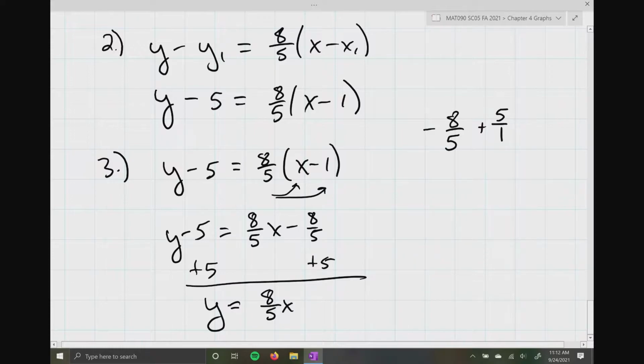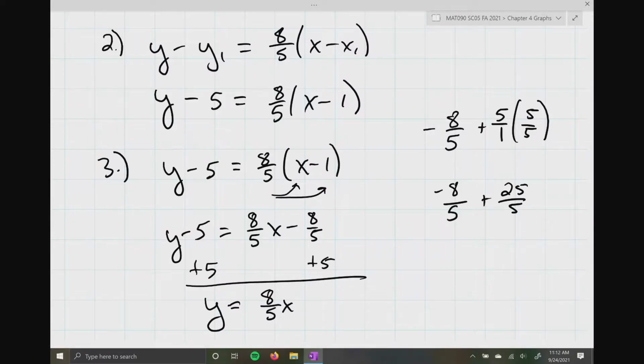So it's going to be negative 8 over 5 plus 5 over 1. I need a common denominator of 5. So I multiply the second fraction by 5 over 5. That's going to give me negative 8 plus 25 over 5. So I get negative 8 plus 25, which is going to be positive 17 over 5.